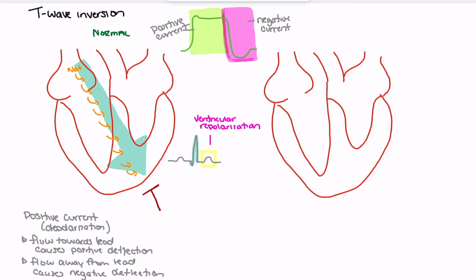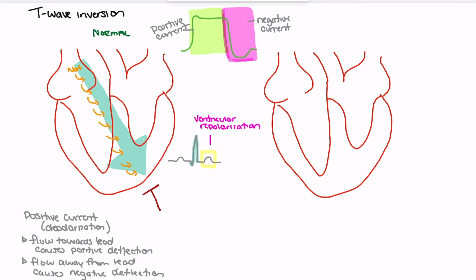So why is our T wave commonly positively deflected? This has to do with the fact that it is represented by negative current, and that negative current is flowing away from our lead. I'm going to use pink here to represent this.